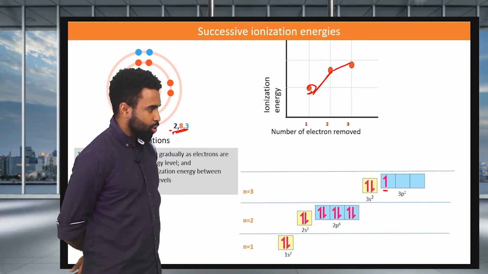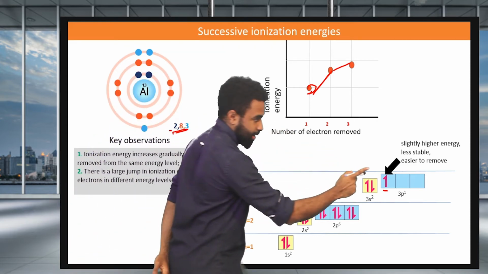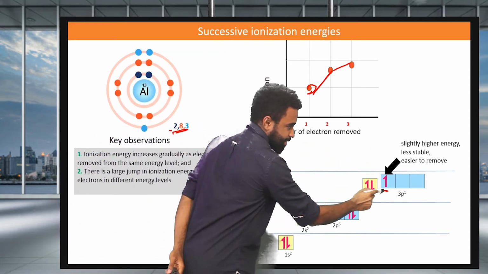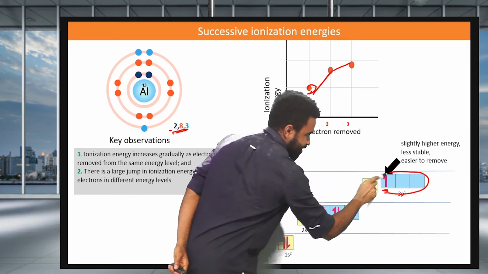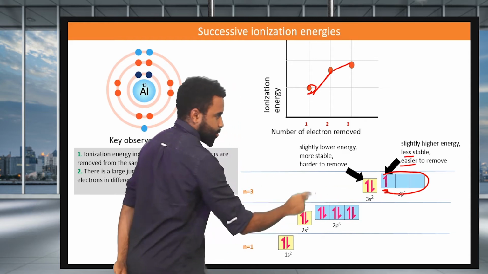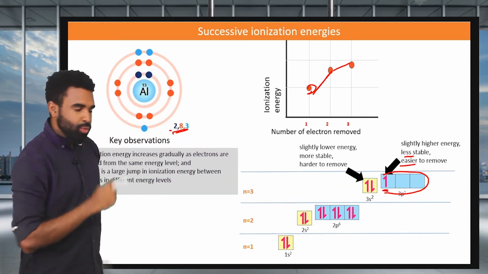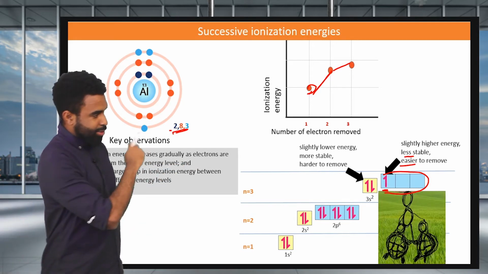Now, not the different orbitals, the different sublevels. So here it is again in brief. We say that this electron is in a sublevel which is slightly higher energy, less stable, easier to remove, while these next two are slightly lower energy, more stable, and therefore harder to remove. If you want an analogy, here's one for you.